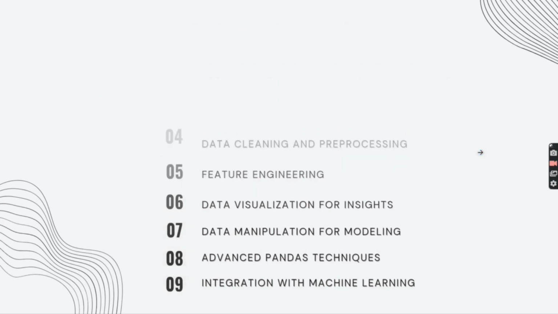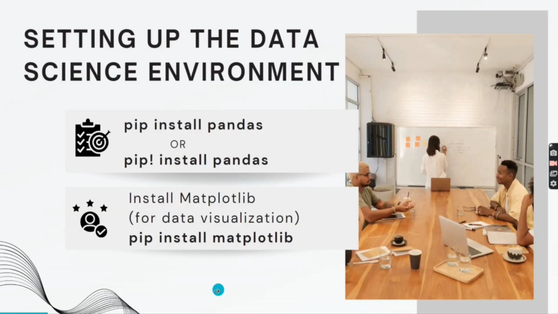But firstly, let's get started with setting up our data science environment. When we are setting up our environment, we have to create a virtual environment, and it is good practice to create a virtual environment for your data science project. This isolates your project dependencies from the system-wide ones. If you haven't installed Python yet, install it now.